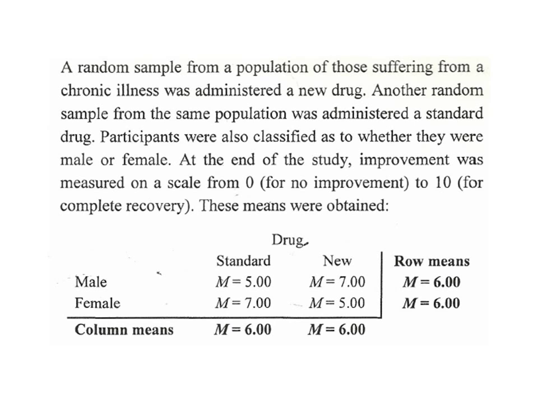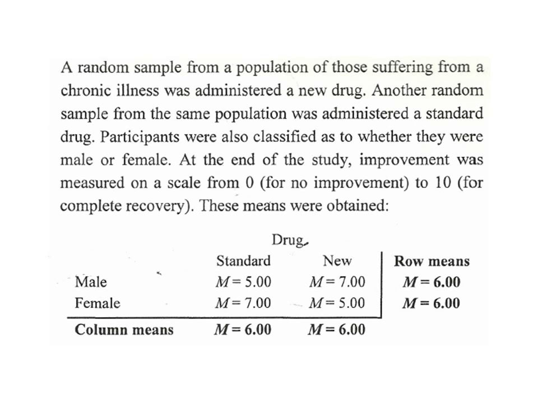Now let's look at our column means in example 2. Our column means, we look down, a mean of 6 and a mean of 6. All right. And our row means, a mean of 6 and a mean of 6. So let's look first at our column means. Our column means are the same.